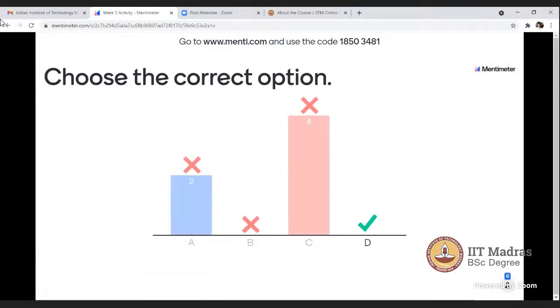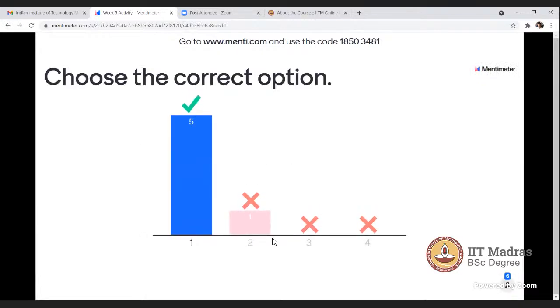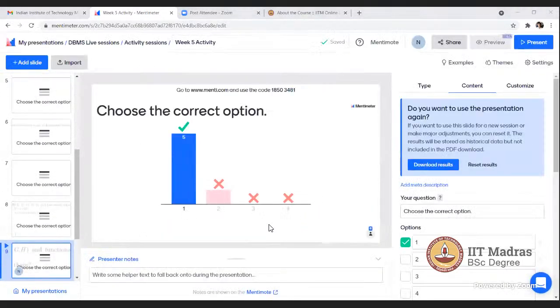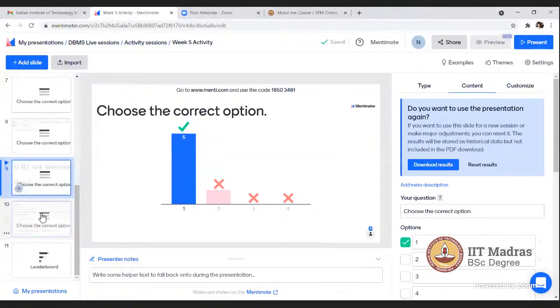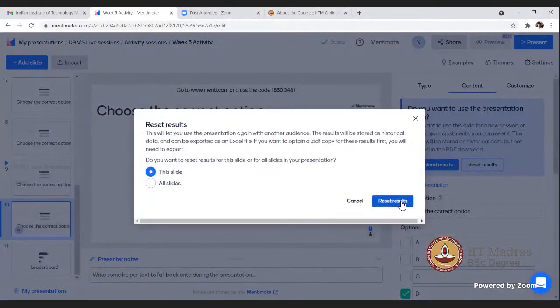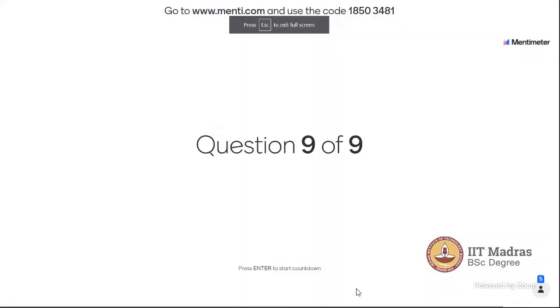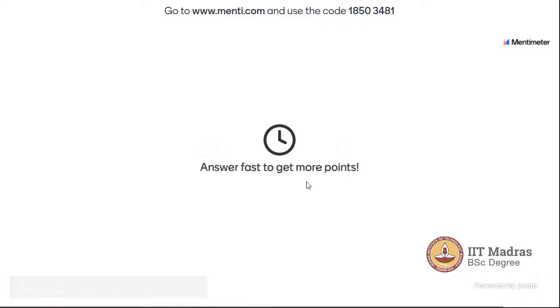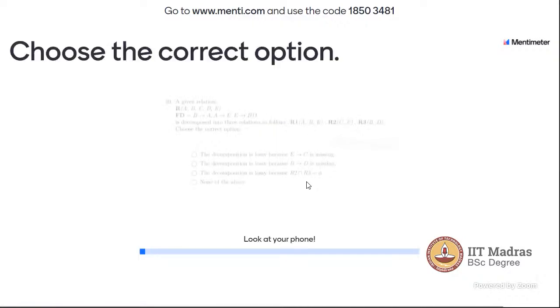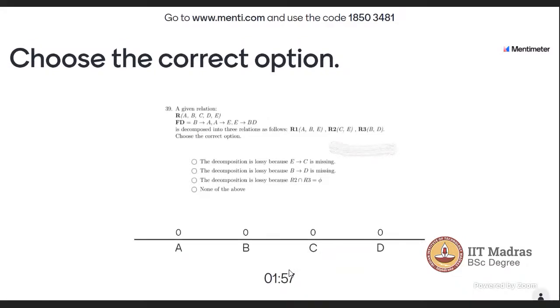Is it visible, right? Others, you can see it, right?